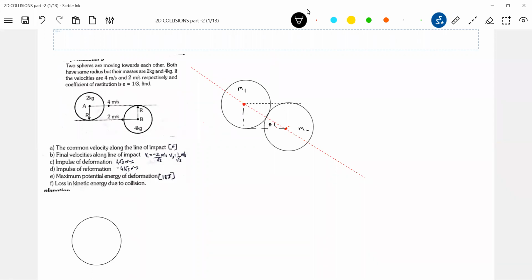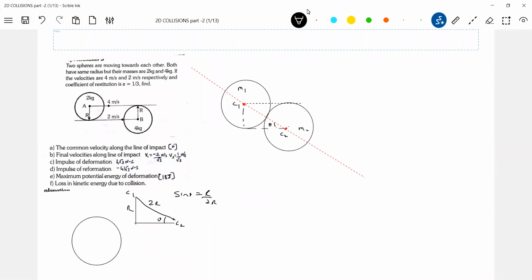From the triangle C1, C2, sine theta should be r by 2r. So theta is 30 degrees.